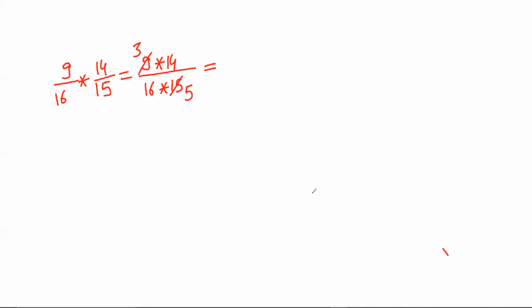Is there any other common factor? 2. 2 sevens are 14, 2 eights are 16. Now is there any other common factor? No, sir. So the answer would be 21 by 40. Perfect, Mr. Sarthak. Very good. Very nice. We'll do another question.